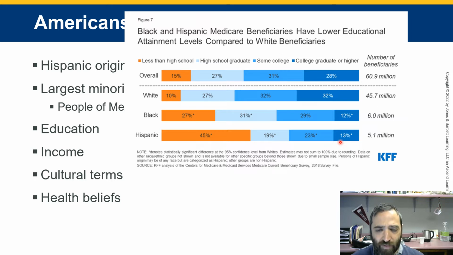This is from 2018. I imagine the reason why there's a lot of them at 45% is because more of them are immigrants from other countries. However, there is an asterisk here that says there may be some statistical differences, and so the confidence level is not as strong.